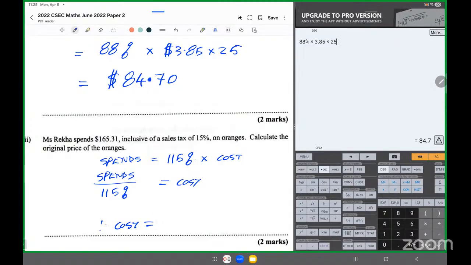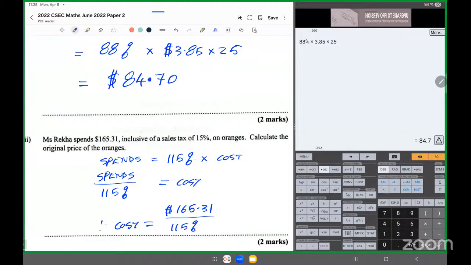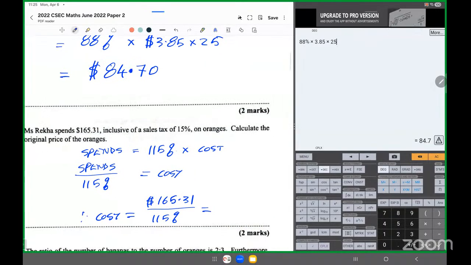Therefore, let's work it out. Cost equals the amount that she spends, which is $165.31, divided by 115%. Put the dollar sign on it, Mr. Shaw. You could put 1.15 if you want, because 115% means 115 divided by 100.